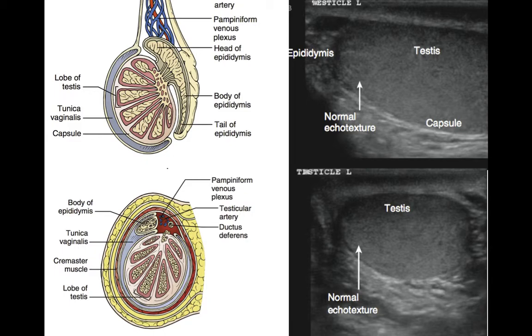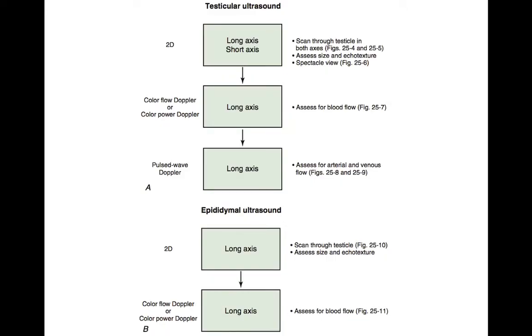It's even better if you have power Doppler, because normally Doppler has two directions, right? Blue and red, toward and away. But if you are trying to detect smaller, minimal flow signals, power Doppler can give a better image.